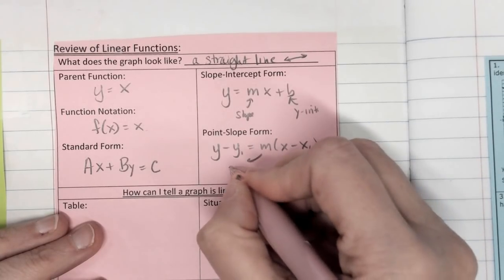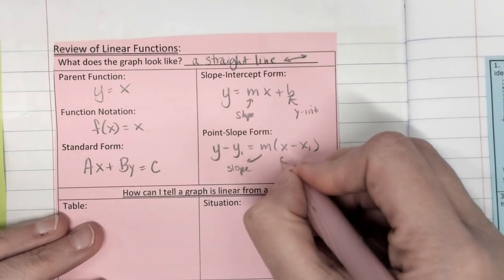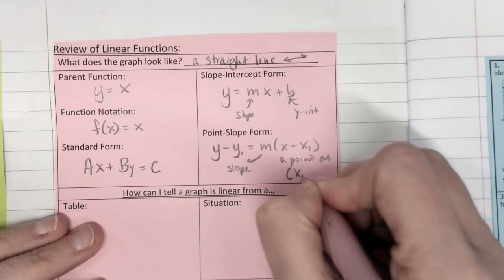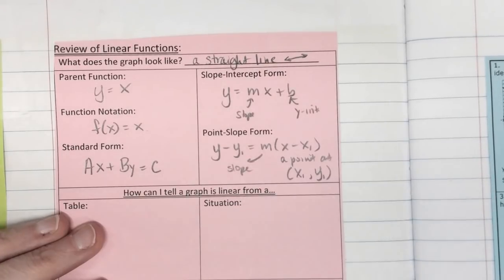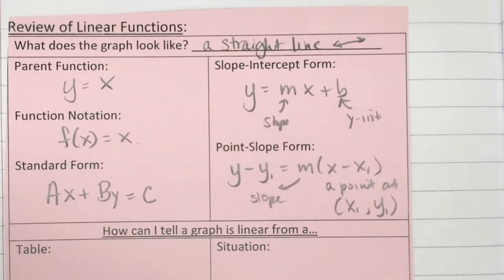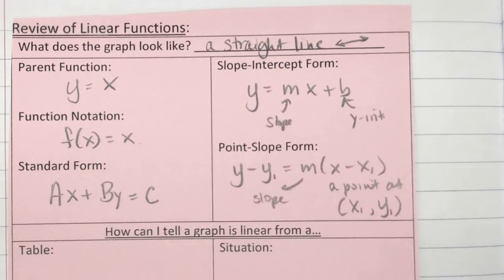That's my slope, and I have a point at x1, y1. So this is stuff that we have all learned. Some of this you've learned in other classes, but this is stuff that you have to know for mine.